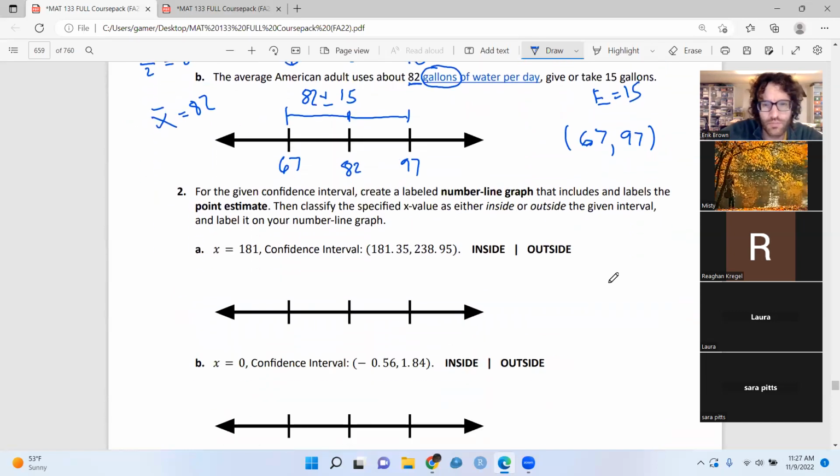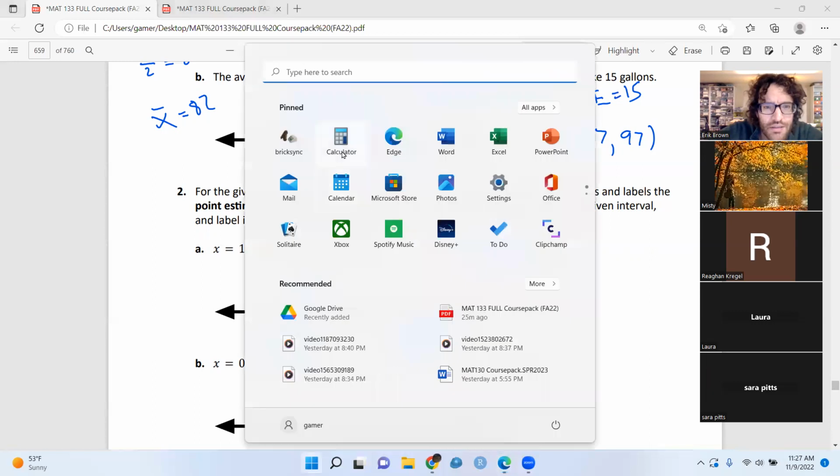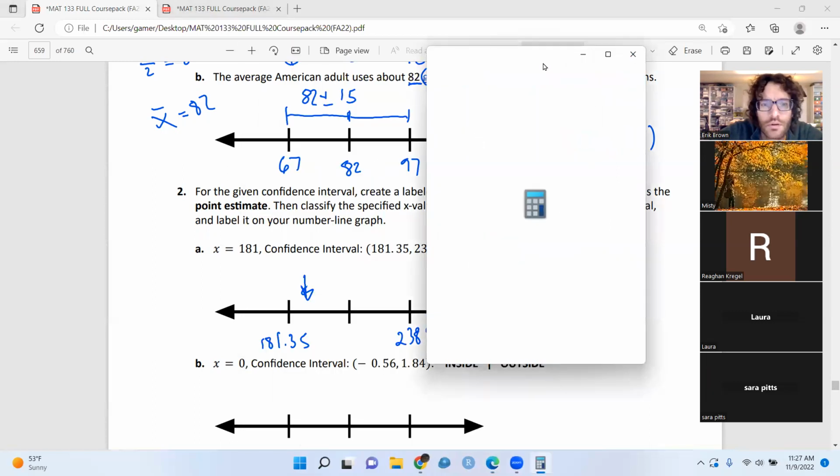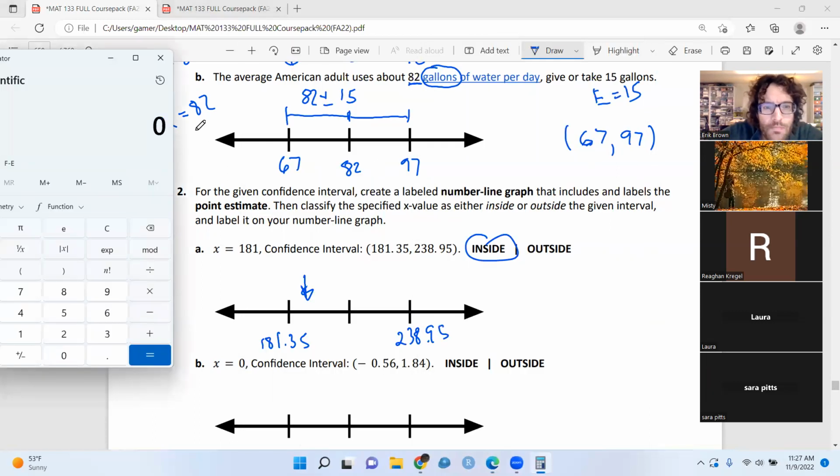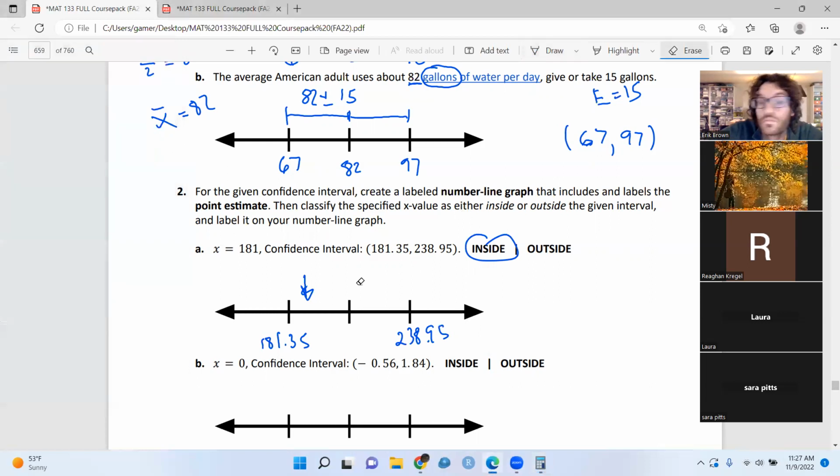Okay. So here we're just supposed to put these on the number line, create a number line, figure out where this thing is, and then say whether it's inside or outside the number line. Does it say to do the point estimate? It doesn't, but I think we're outside, Eric, because it starts at 181.35 and the number is 181. So that's outside, right?